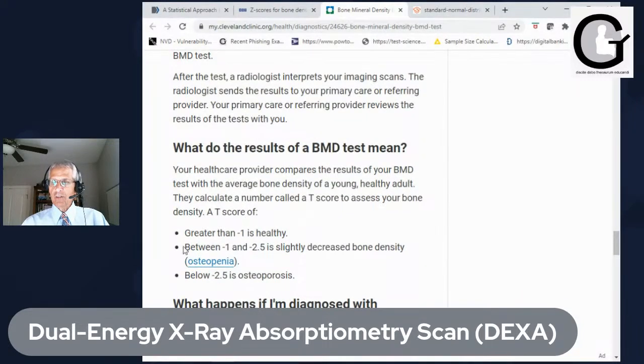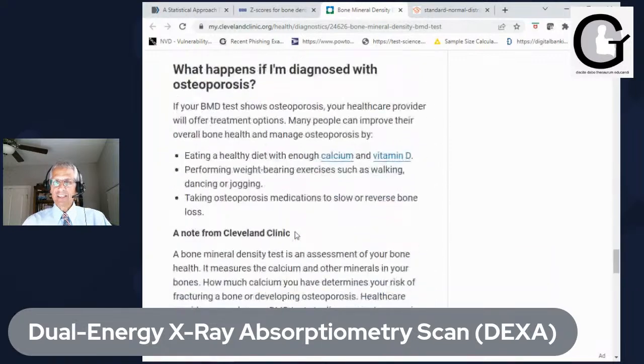A T-score greater than -1 is healthy. Between -1 and -2.5, slightly decreased bone density, osteopenia, and below -2.5 is osteoporosis. You get the lowest score, which in this case was -3.5 for this specific patient, you have osteoporosis. So that's what we're talking about.